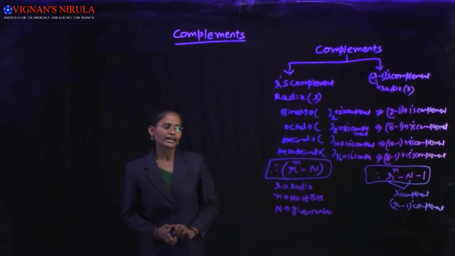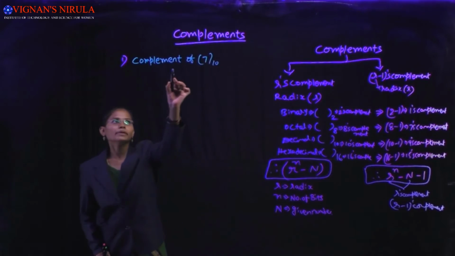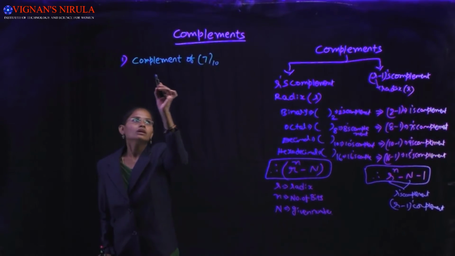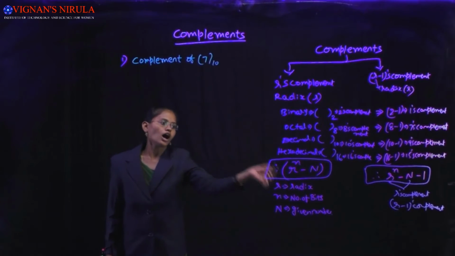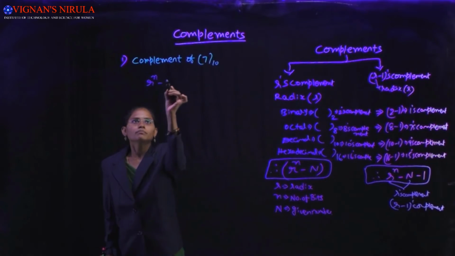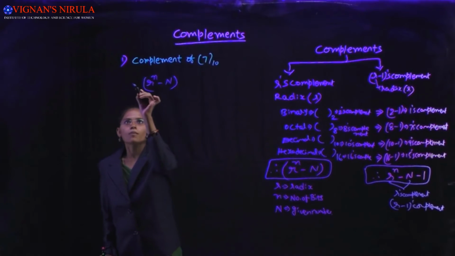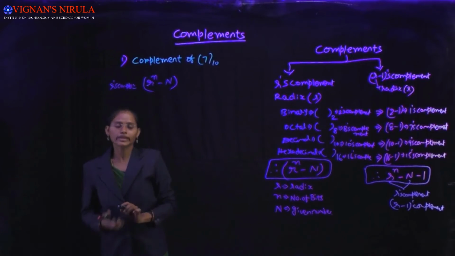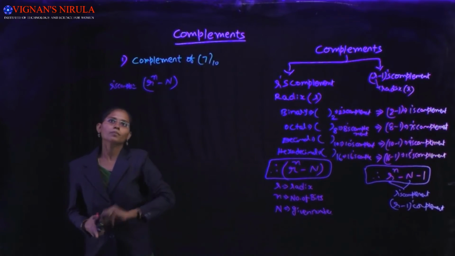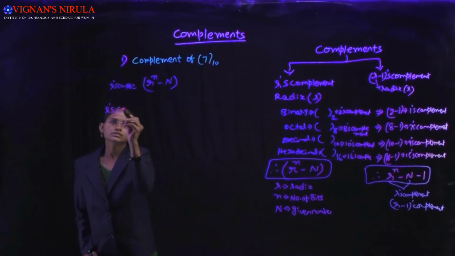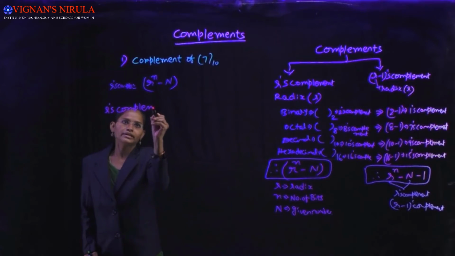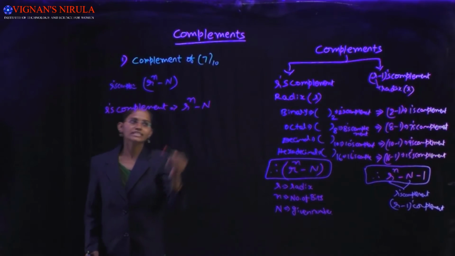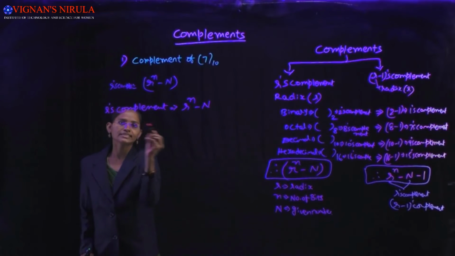Let us see one example. One example is complement of 7. This is the 10's complement. Here 10's complement, what is the formula? R to the power of small n minus N. This is the R's complement. Here small n indicates the number of bits.